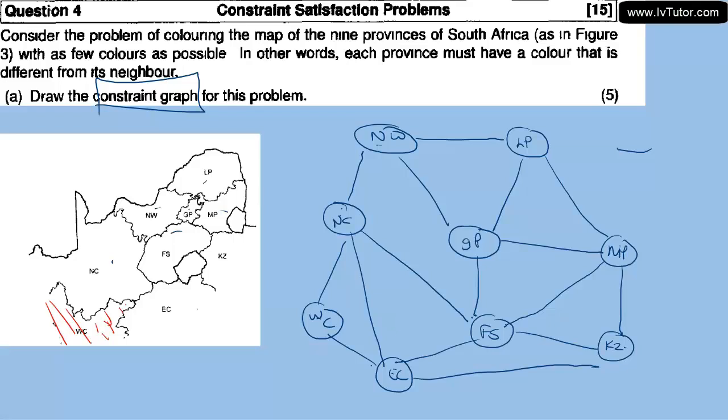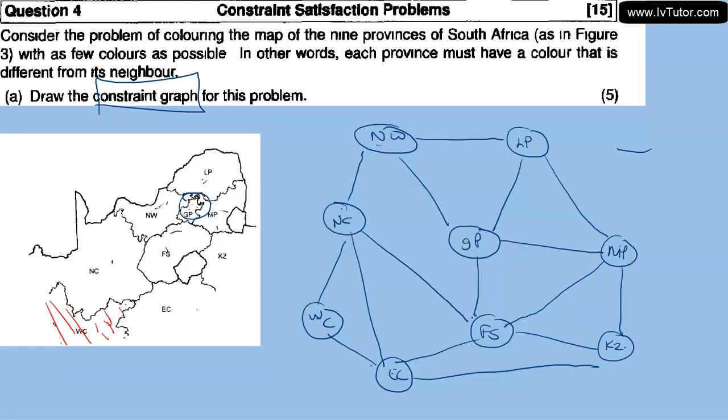If I'm dealing with MRV, but if I'm dealing with, what's the name of that other one? Sorry, degree heuristic, right? I'll go and check which one has got the most constraints. Then I know GP has the most constraints. I start with GP because assigning a color to GP will reduce the domain of everyone.